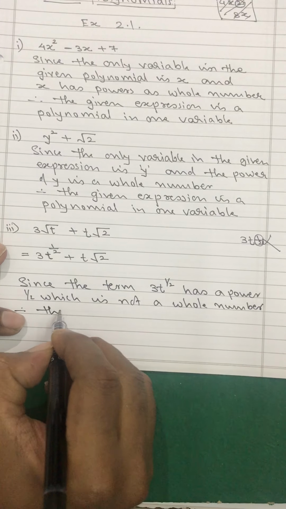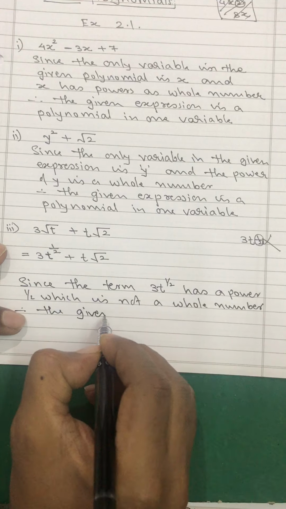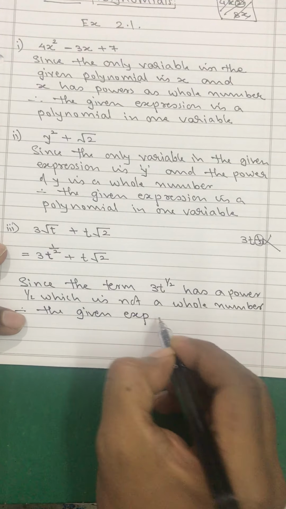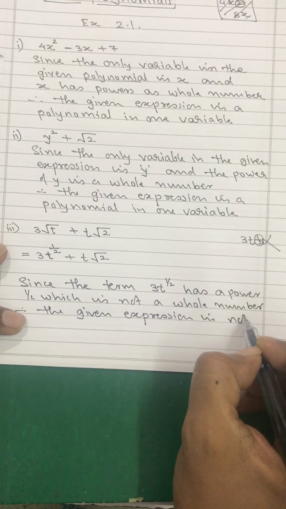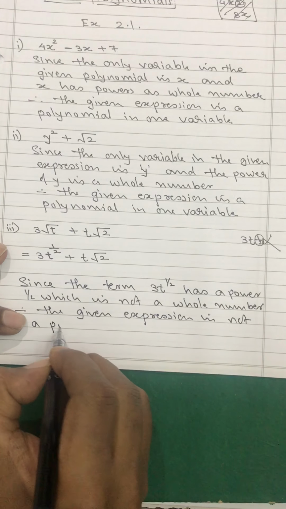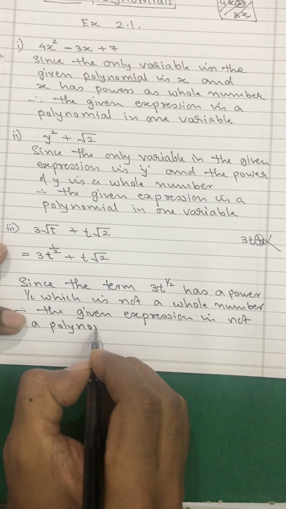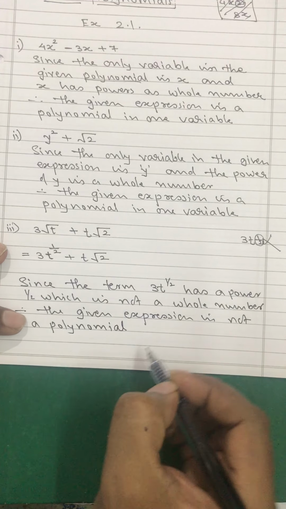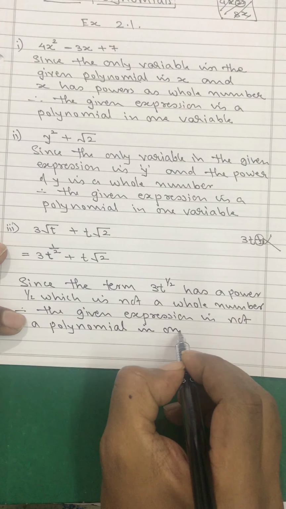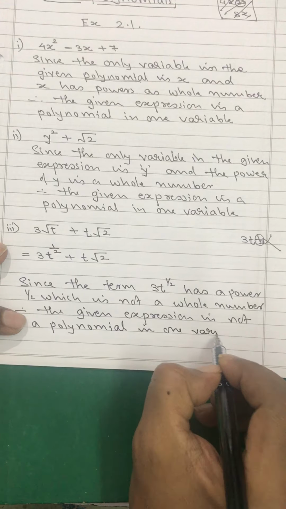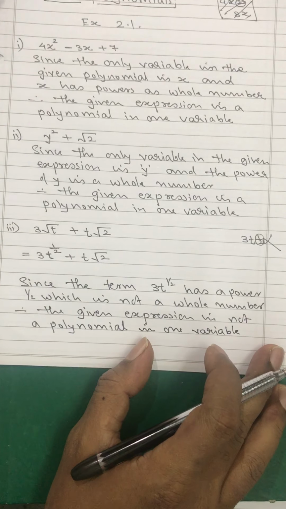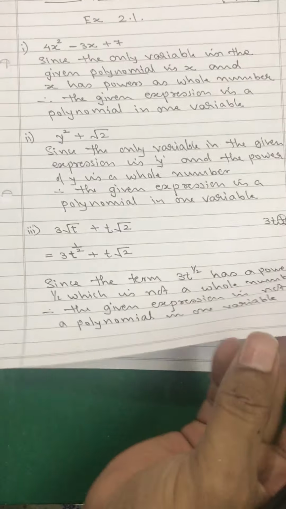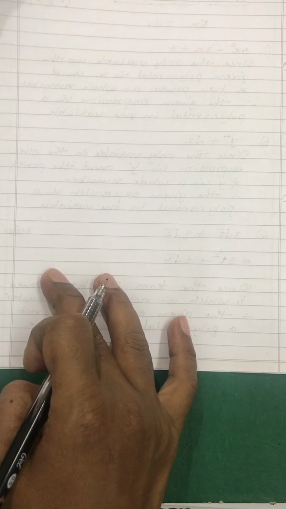Therefore, the given expression is not a polynomial in one variable. Actually it is in one variable, but it is basically not a polynomial. Okay, my dear students, so this is what is happening, and it is very easy, don't worry.